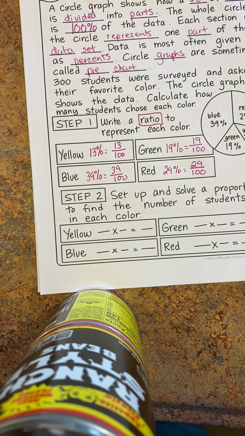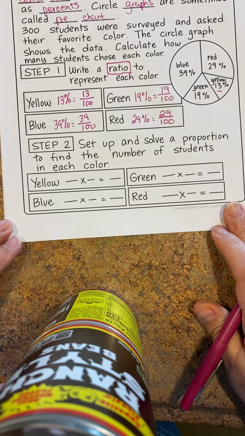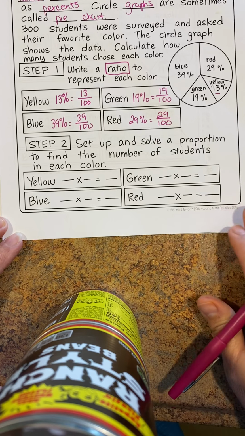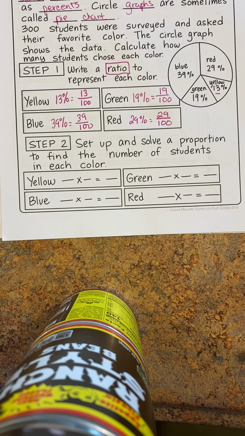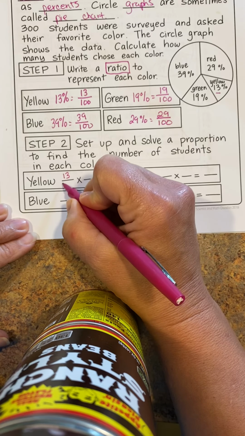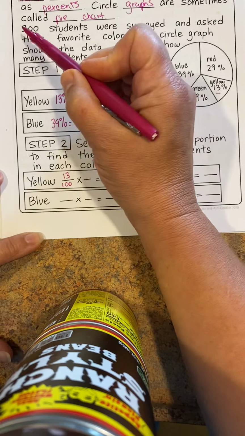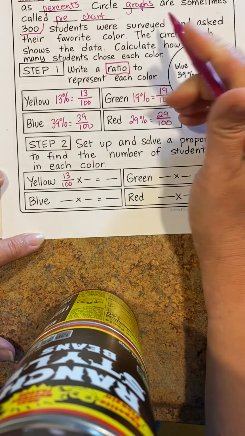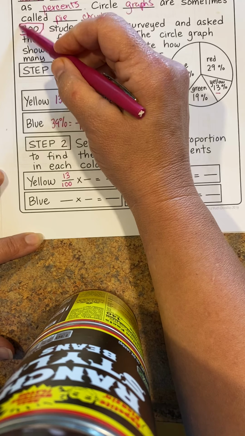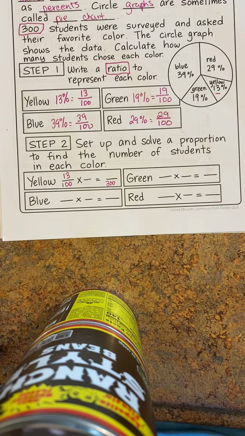We've done the ratio. So now step 2 states that we need to set up and solve a proportion to find the number of students for each color. Let's start with yellow. We've already set our ratio up, so this is going to be 13 over 100. It told us that 300 is our total number of students, so I know that over here is going to be my 300.